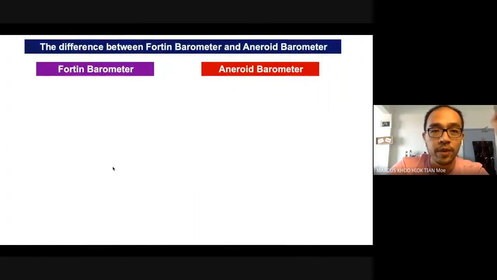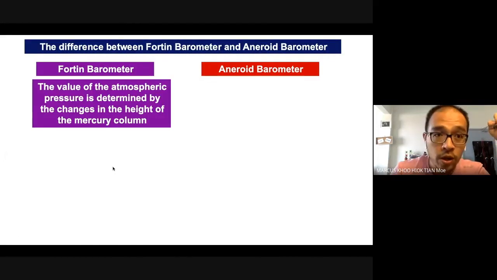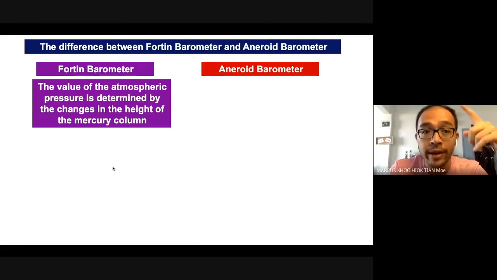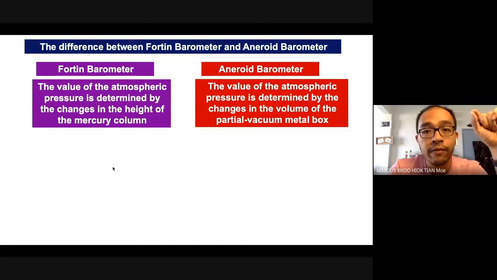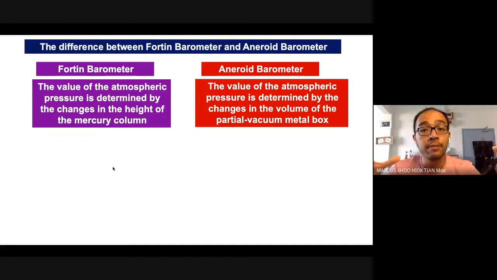Okay, the difference between the Fortin barometer and the aneroid barometer is on page 52 of your textbook. First of all, for the Fortin barometer, the value of atmospheric pressure is determined by the height of the mercury column. Sometimes you can read the height wrongly, unless there's a scale. But the aneroid barometer is determined by the changes in the semi-vacuum metal box.